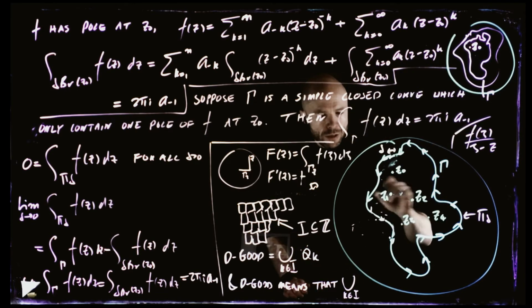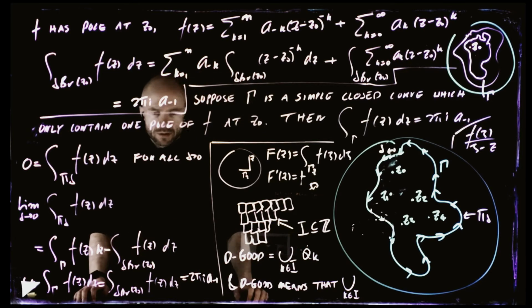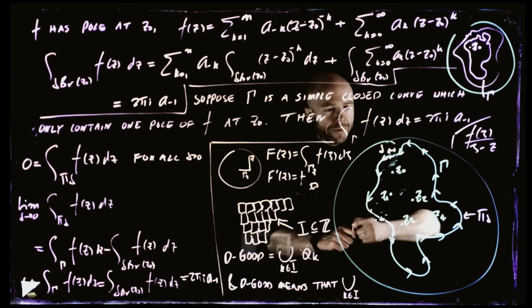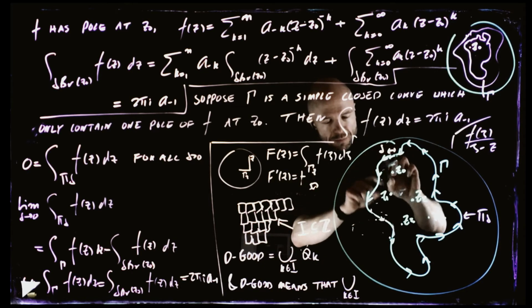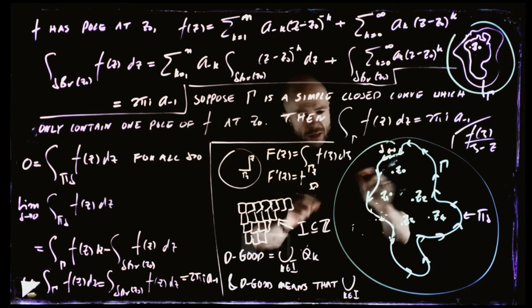All of these are poles. Yes, I know what you're saying. It's the same contour, but we have multiple keyholes going around these things.